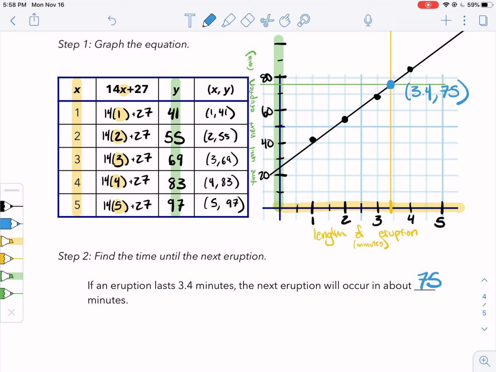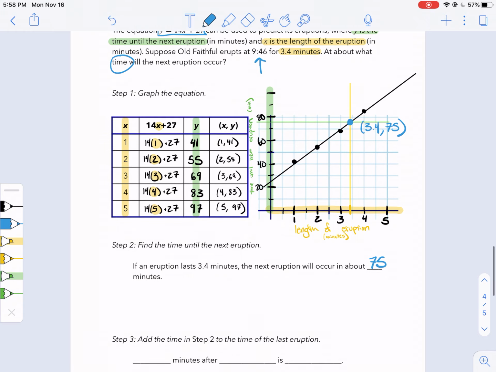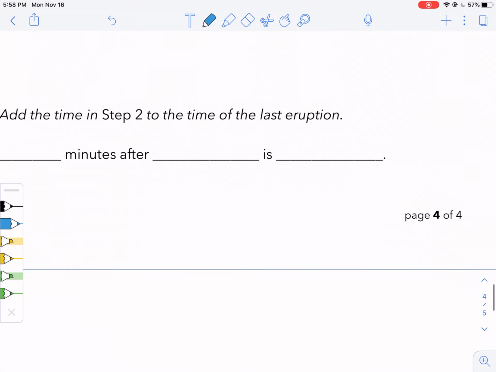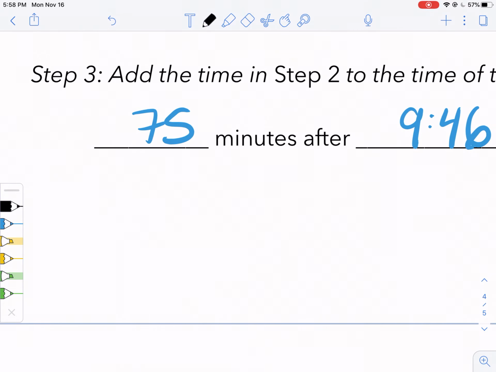Yay! But when is it? Because it said what time will the next eruption occur. That was at 9:46. We need to take 9:46 and then add 75 minutes. So 75 minutes after 9:46. How are we going to figure that out? Well, let's use the distributive property. 75, I think you'll agree, is 60 plus 15, right?